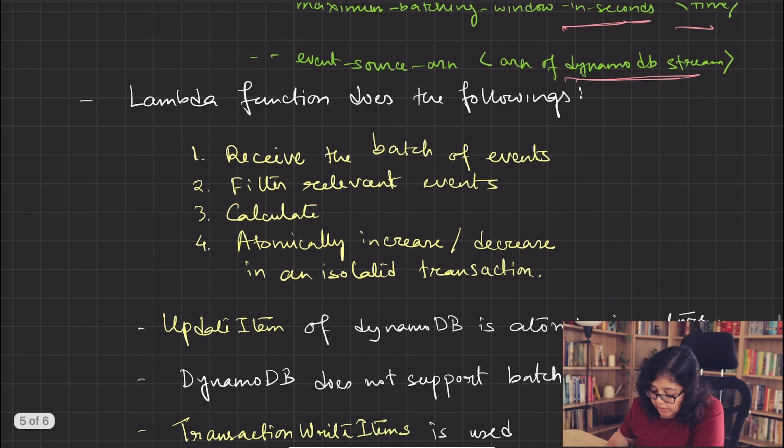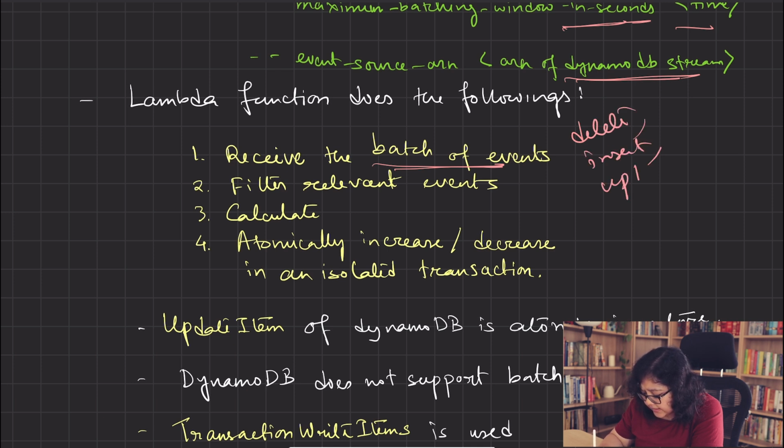Okay, so till now we have enabled the DynamoDB stream and we have configured event source mapping between the DynamoDB stream and the Lambda. Now the Lambda is getting a batch of events, and in this batch there are all the operations like delete, insert, update, everything.